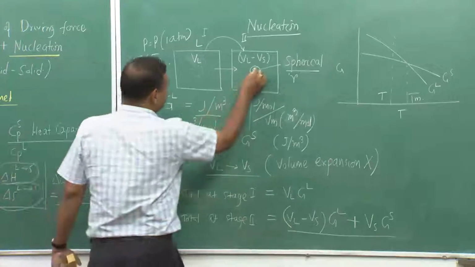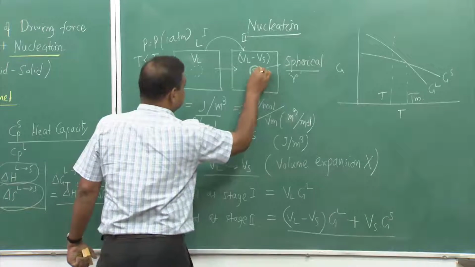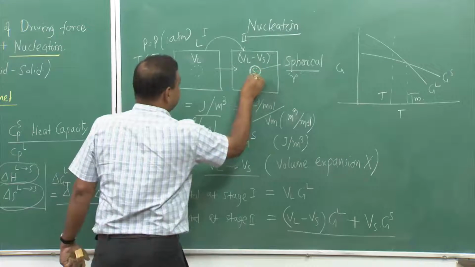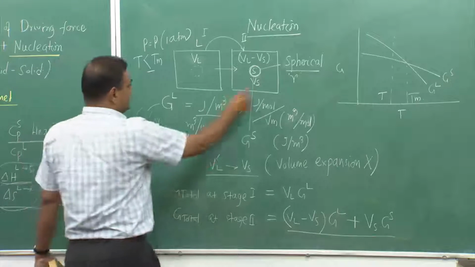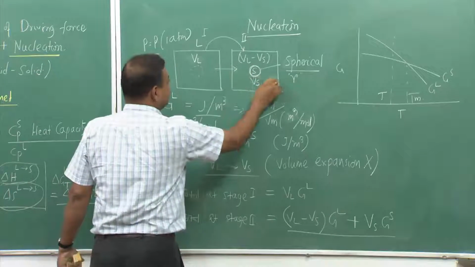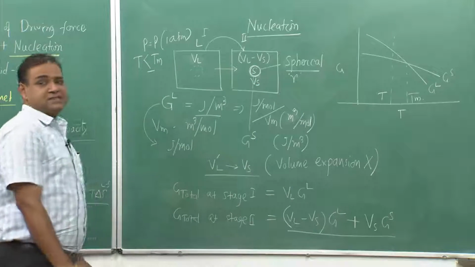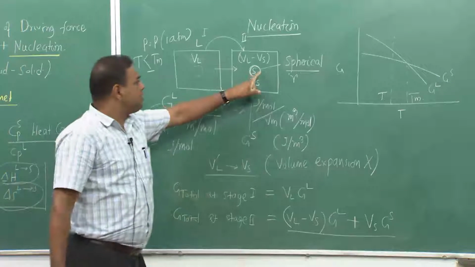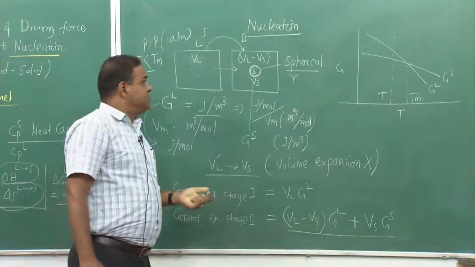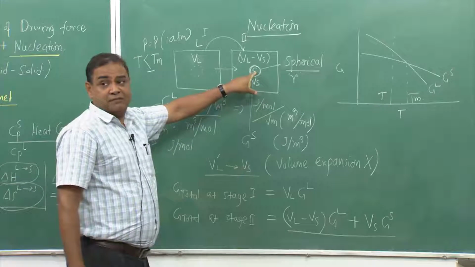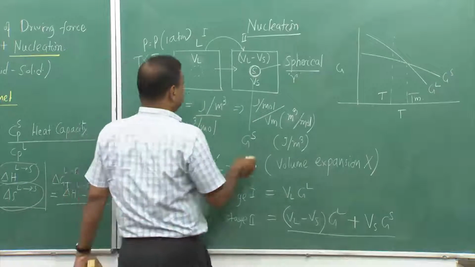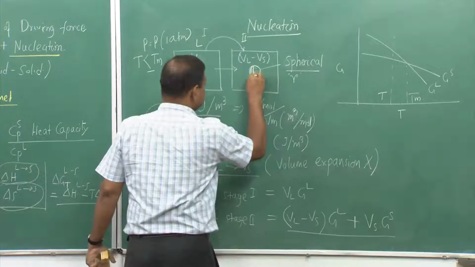Whenever I am creating a solid, as per our phase definition, in this particular case everywhere the composition is the same. Here also the composition is the same, but the structure is different, because whenever I see the solid, I am talking about the crystalline solid.